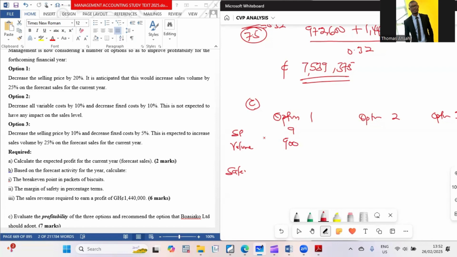So my units go up to 900, and my selling price goes from 7.5 to 9. Basically, that is that.